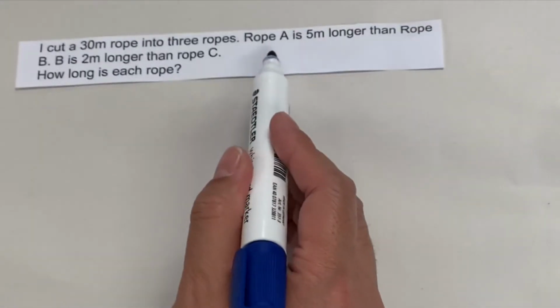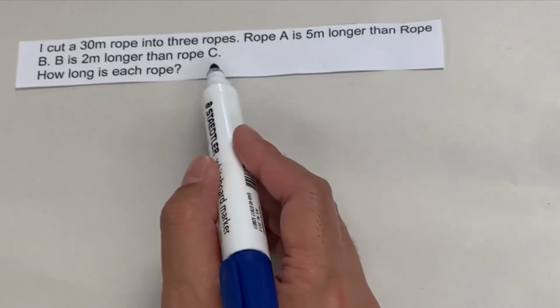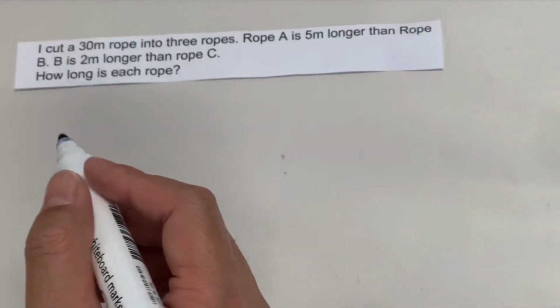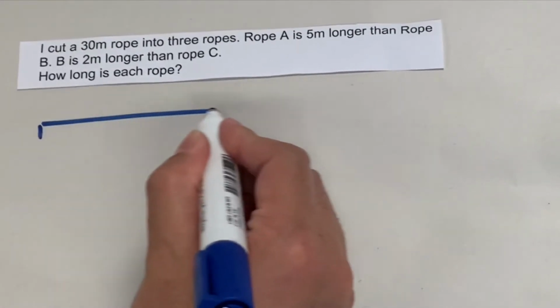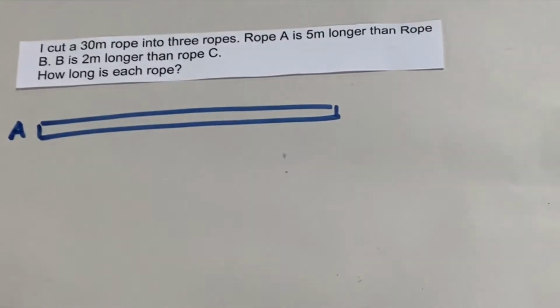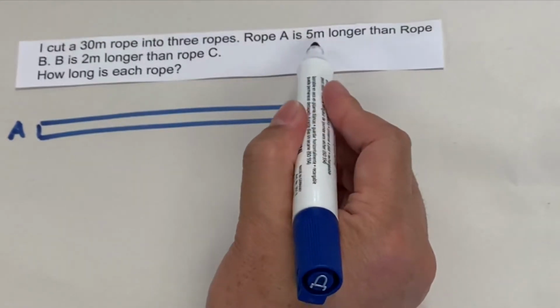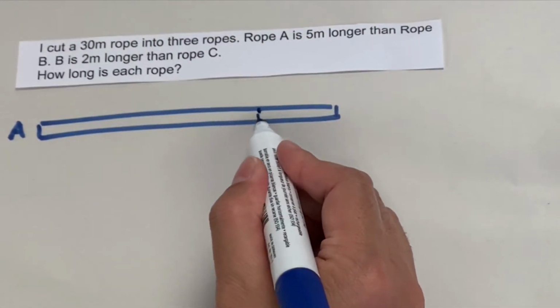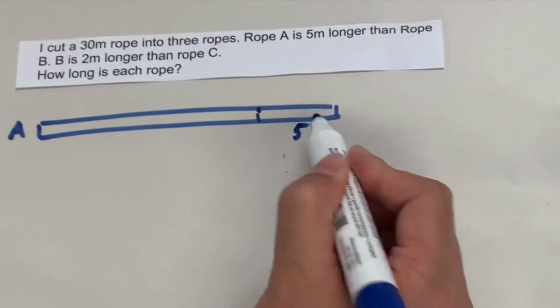So the longest one's A, then B, then C. Okay, so this is rope A. It's 5 meters longer. That's 5 meters.